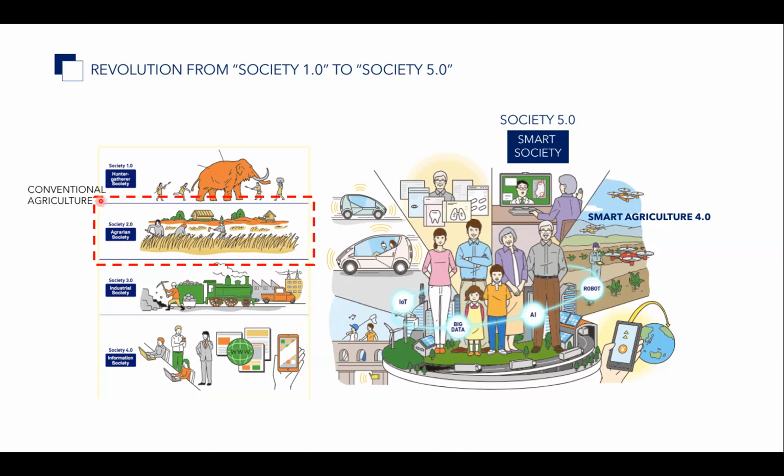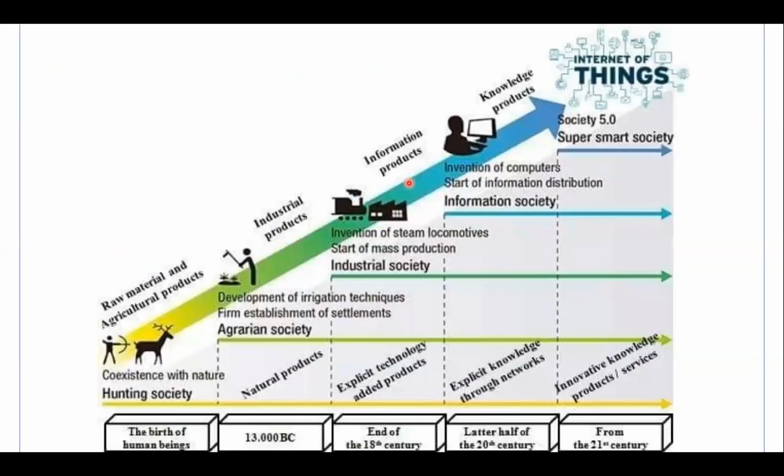If we know that society 2.0, the agrarian society, conducted conventional agriculture, but in 5.0 we can call it smart agriculture.